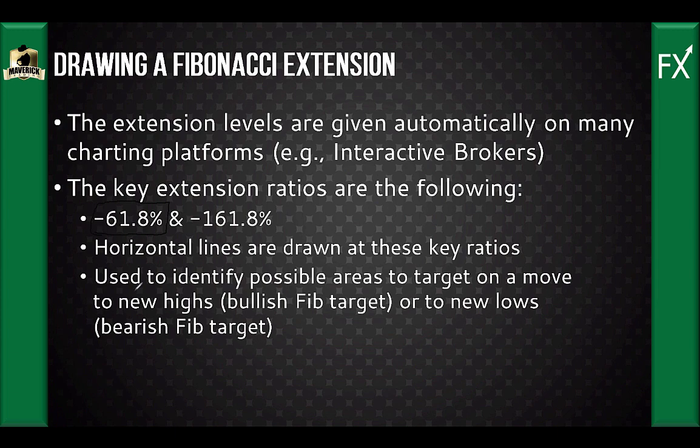If this asset makes new highs, that's your bullish Fibonacci target, or if the asset breaks to new lows, if you're trading bearishly, that becomes your downside target. Now, a lot of concern that we get from traders is, well, what happens when something's at new all-time highs or new all-time lows? We don't really have any targets. In other words, if this is the highest level that this currency pair has ever traded at, we don't know what to project up here.